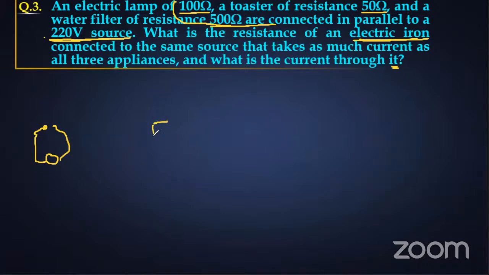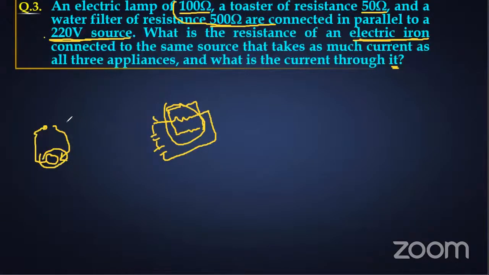Here one setup is our source, and here three are connected in parallel. What are those three? Electric lamp, toaster, and water filter. And it is clearly mentioned: connected to the same source, it takes as much current as all three appliances. The amount of current taken by these three appliances should be equal to the amount of current taken by the electric iron.